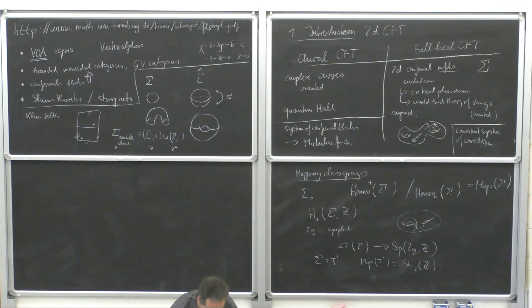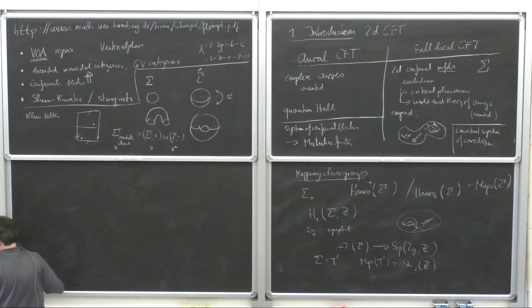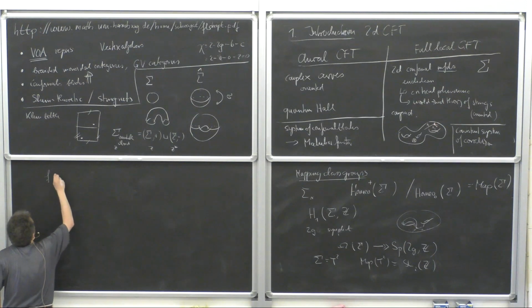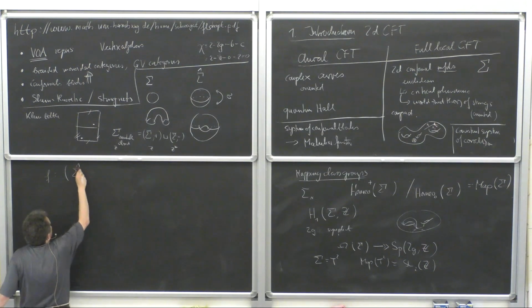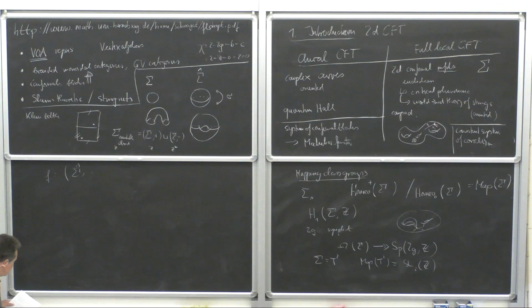Okay, good. So what you can declare is that a complex structure on a given curve, well, let me call it sigma hat because I have the double in mind.